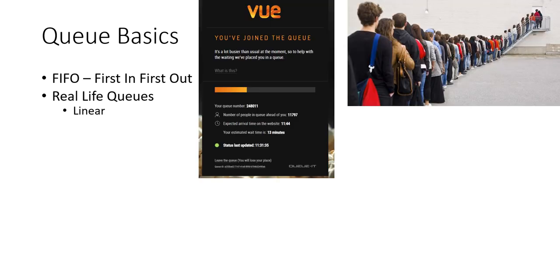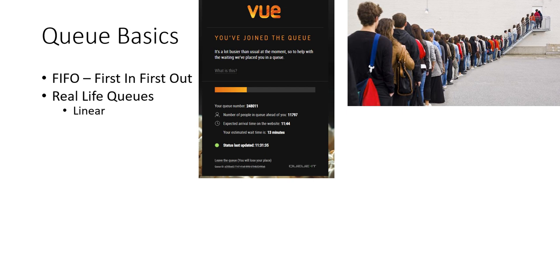And that's where we move on to queue basics. We've got the FIFO: first in, first out. The first thing entering the queue is the first thing out of the queue. Examples of real life queues that you'll have seen or maybe been part of. You've got a linear queue. In a linear queue, you're queuing for something and it goes in that FIFO order and there's no exceptions to that.